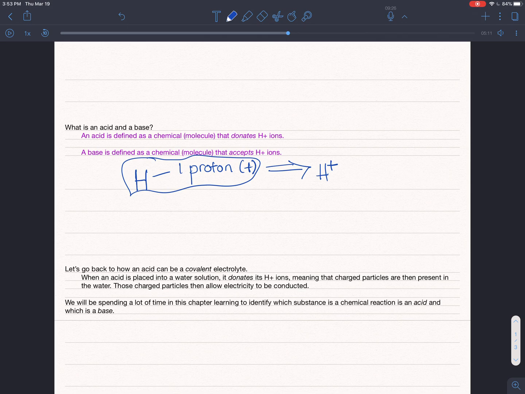So you will oftentimes see acids defined as proton donors. Okay, we see up here that it donates H plus ions, and what that means is it donates 1 proton. A base is often defined as a proton acceptor.